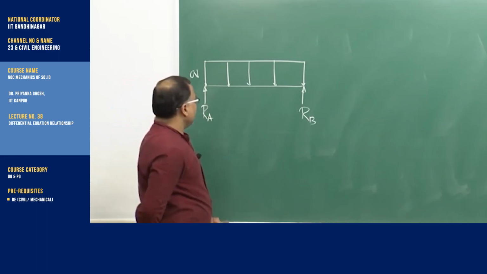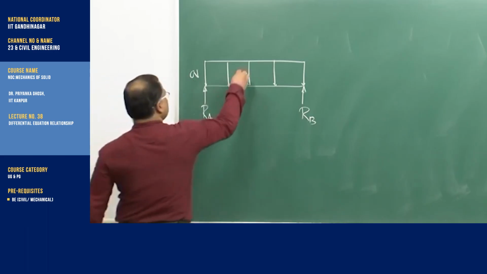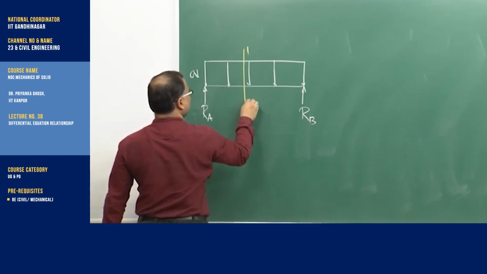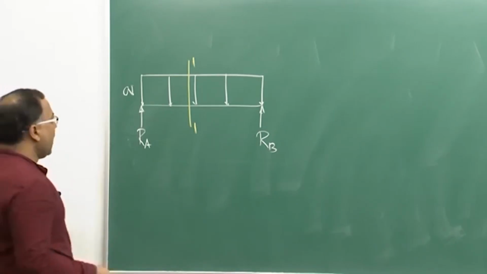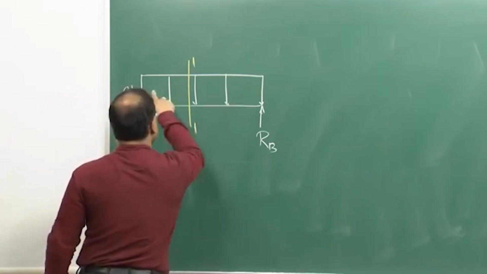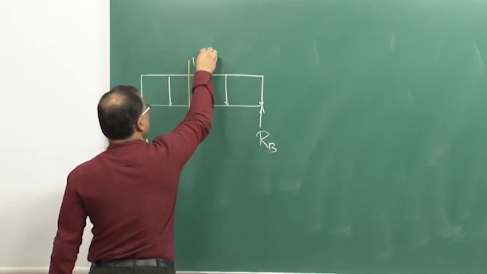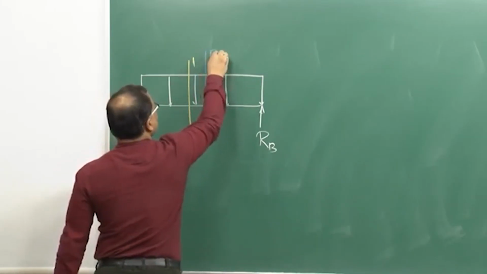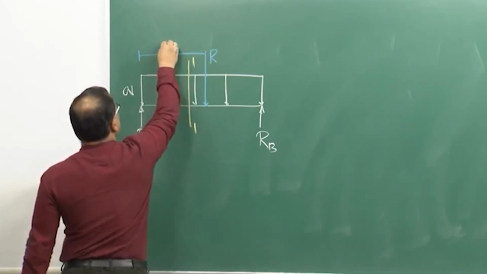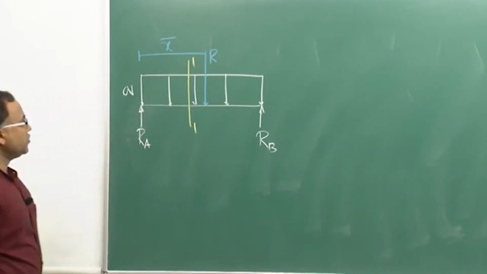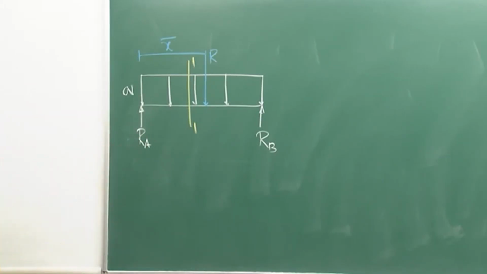But if you want to find out the bending moment and shear force, then suppose you are taking one section here, section 1 say, and you know the resultant of the whole loading diagram, say R, which is passing through the centroid of this loading diagram, that comes from the second statement.